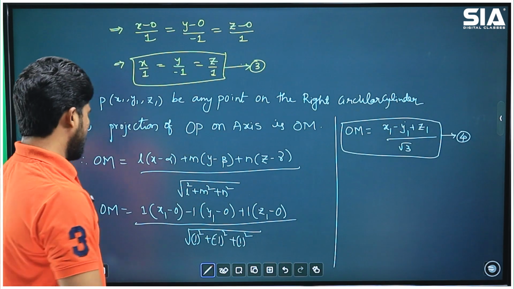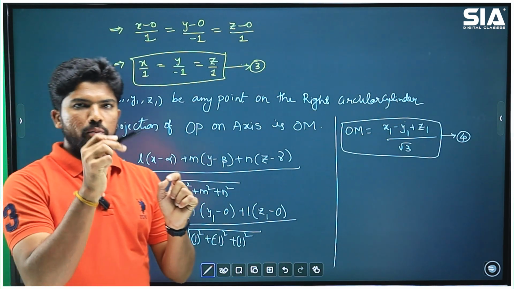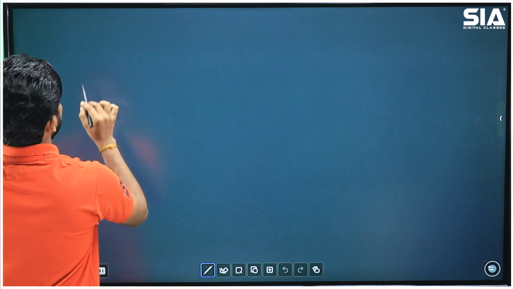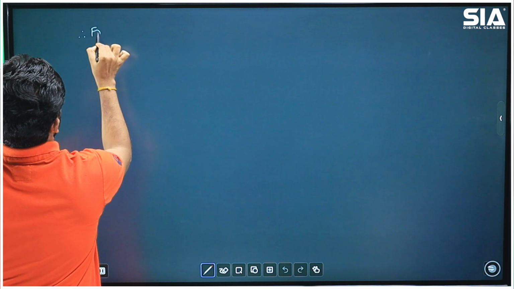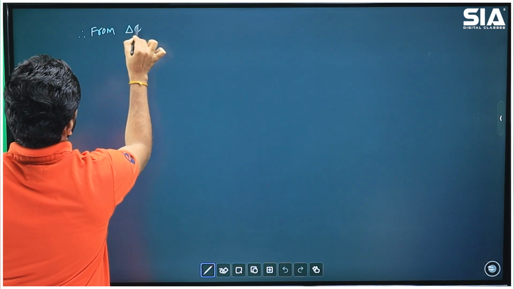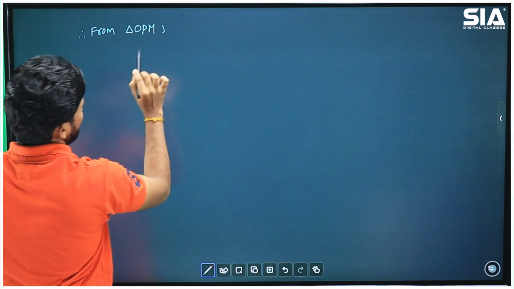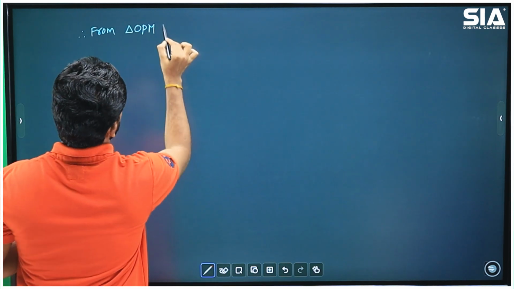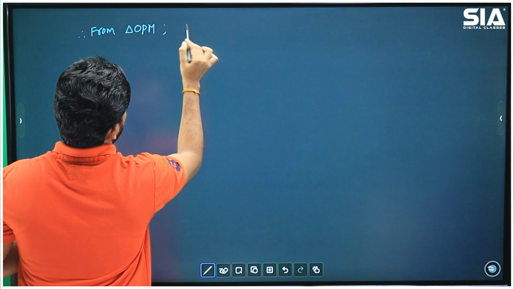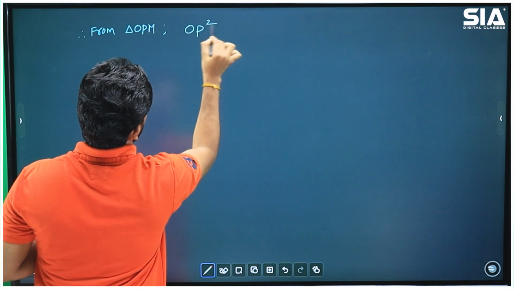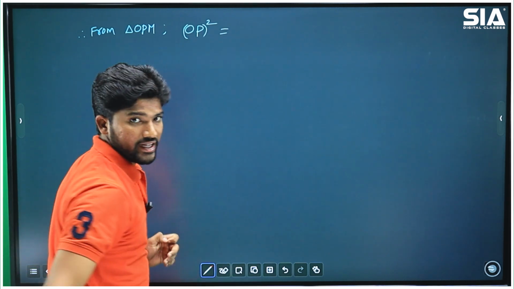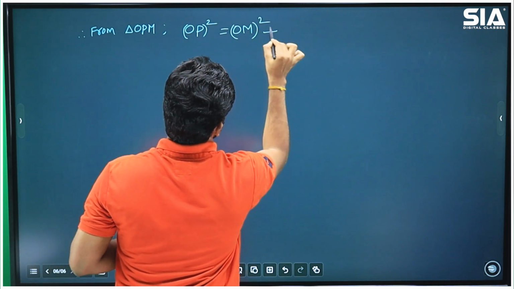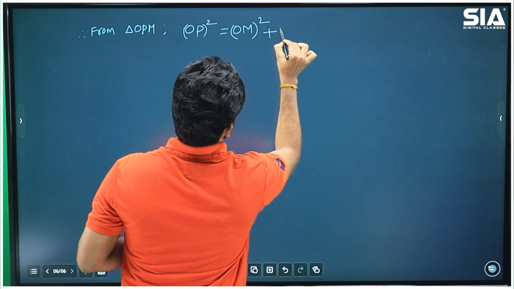From the diagram, you know very well triangle OPM is a right angle triangle. So from triangle OPM we can write OP whole square is equal to OM square, the opposite side, plus MP square, the adjacent side.